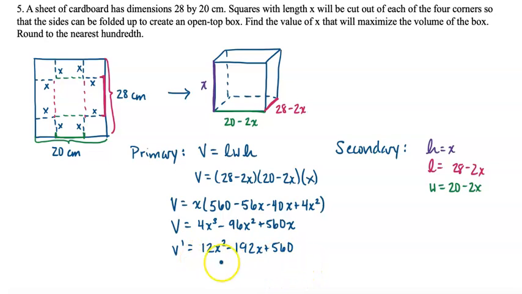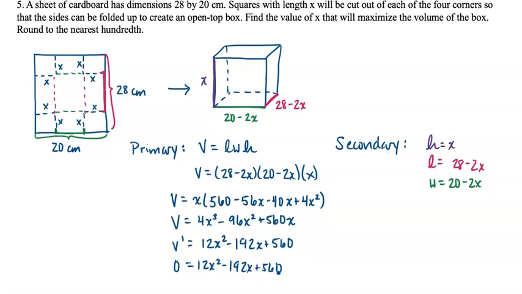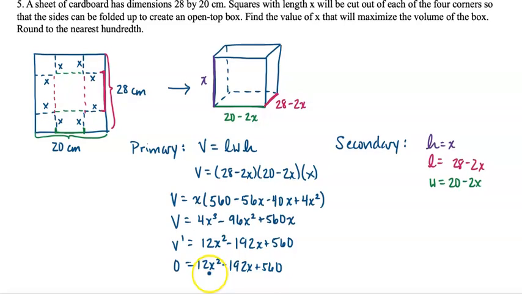Now the question is, I want to set this equal to 0. I've got a quadratic equation. Now, if I can factor this, I will absolutely factor this. The question is, can I factor this?